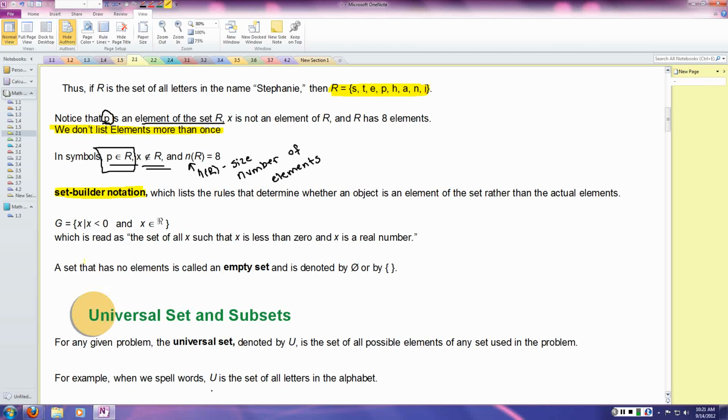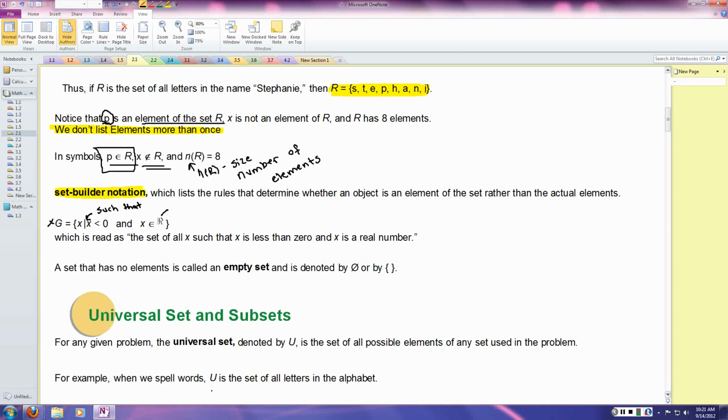The example given on your PowerPoint says we're going to name the set G, the set of all x such that x is less than 0 and x is a real number. This line in set builder notation is read as "such that."